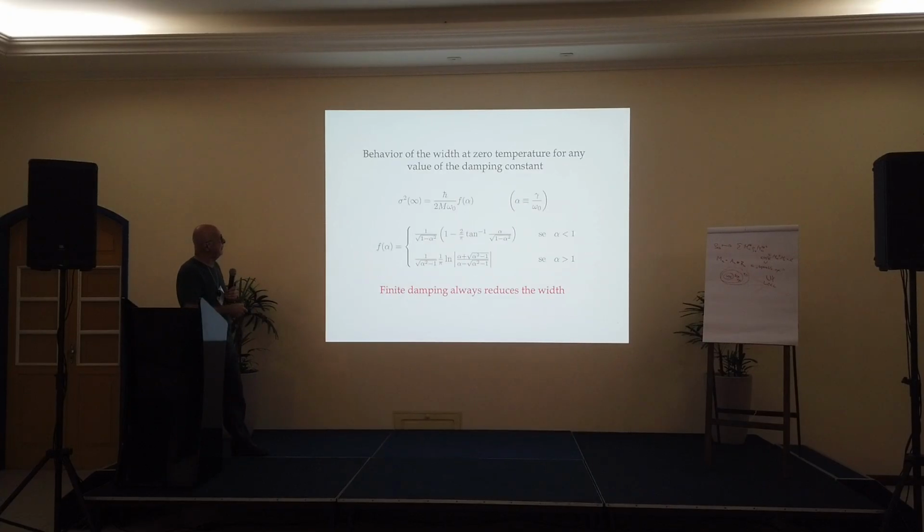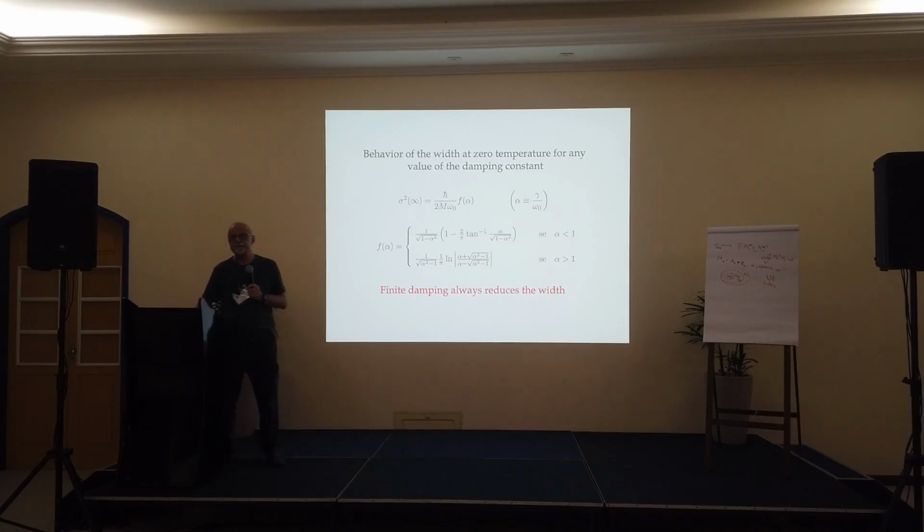And then you can just play with that and say that the width will change in this dimensionless damping, which is gamma divided by omega naught. And you see that these are the expressions for underdamped or overdamped oscillators. And the thing is, in equilibrium, regardless of the limit I'm going to use, underdamped or overdamped, the width of the oscillator will always tend to shrink.